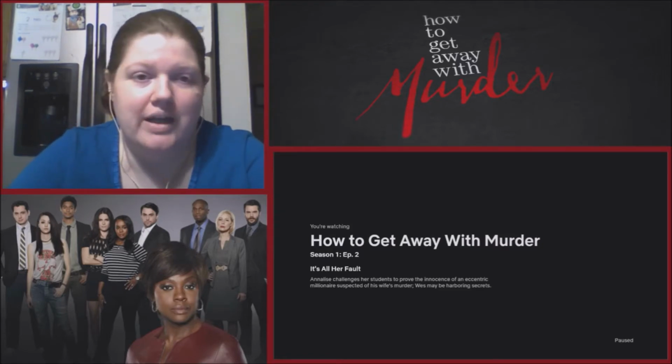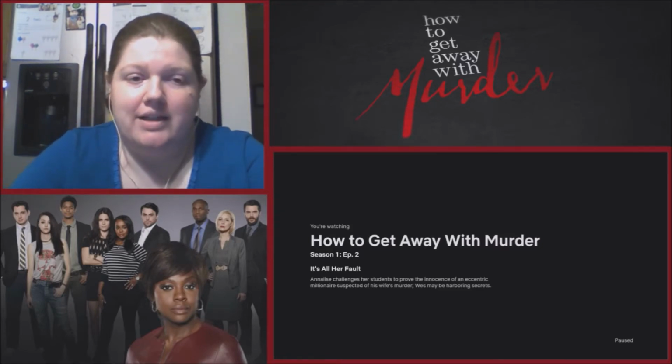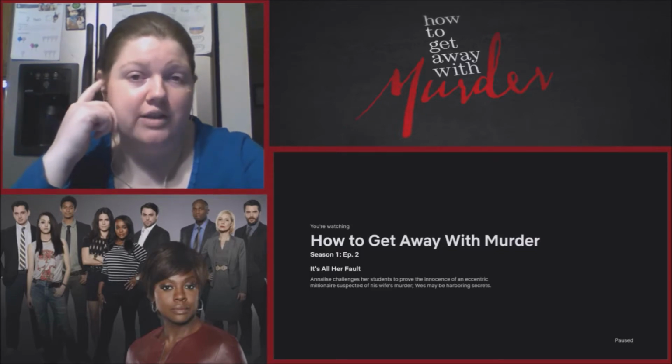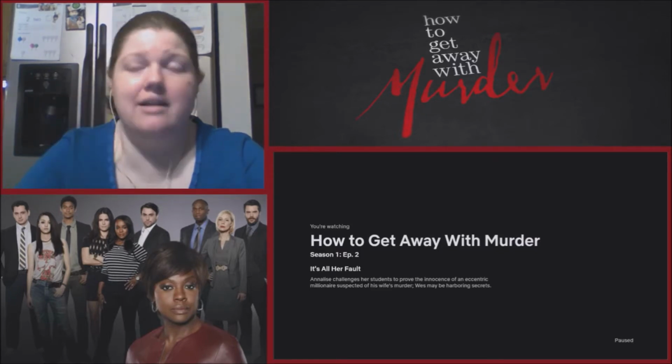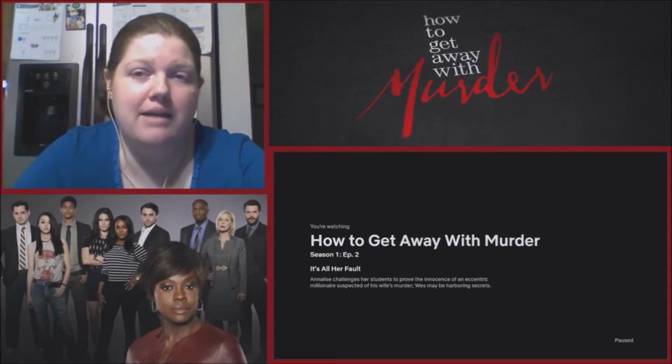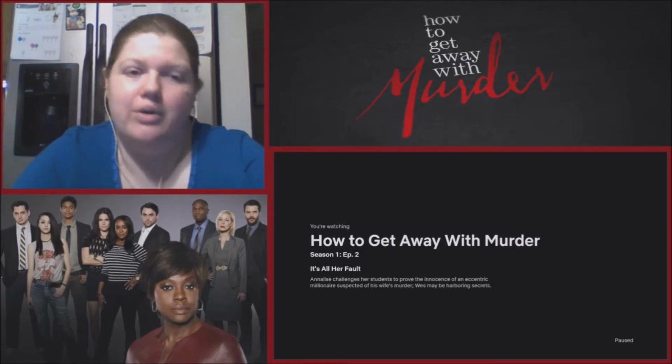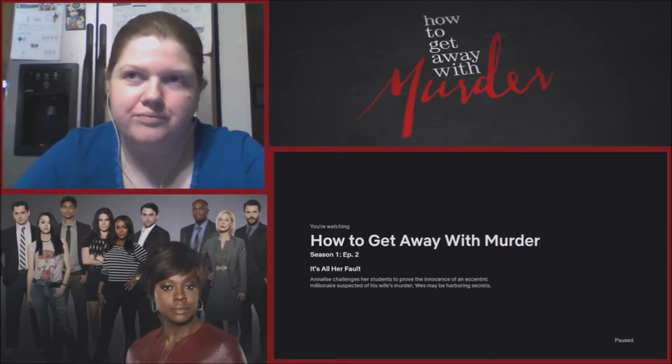There has also been a missing student, Lila, who was found in a water tank or something. So her body's been found, and we've got to figure out who is responsible for that. It could be the boyfriend, maybe, and this other girl who lives down the hall from Wes. I don't know her name, but it kept showing her throughout the episode.